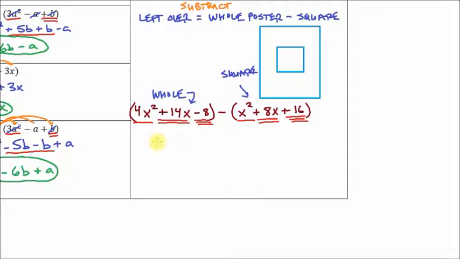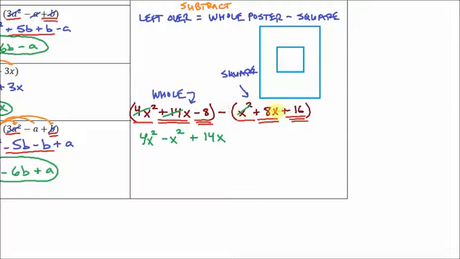Alright, let's rewrite our equation and put all our like terms together. We've got 4x squared. That takes care of this one. I've got negative 1 times x squared, which is negative x squared. Remember to distribute the negative sign. That takes care of that one. Now we've got a positive 14x. That takes care of this one.